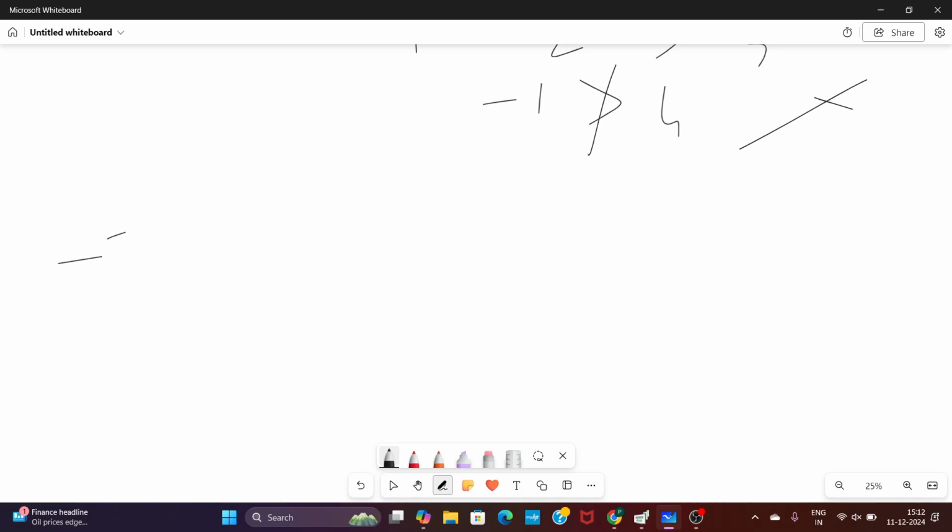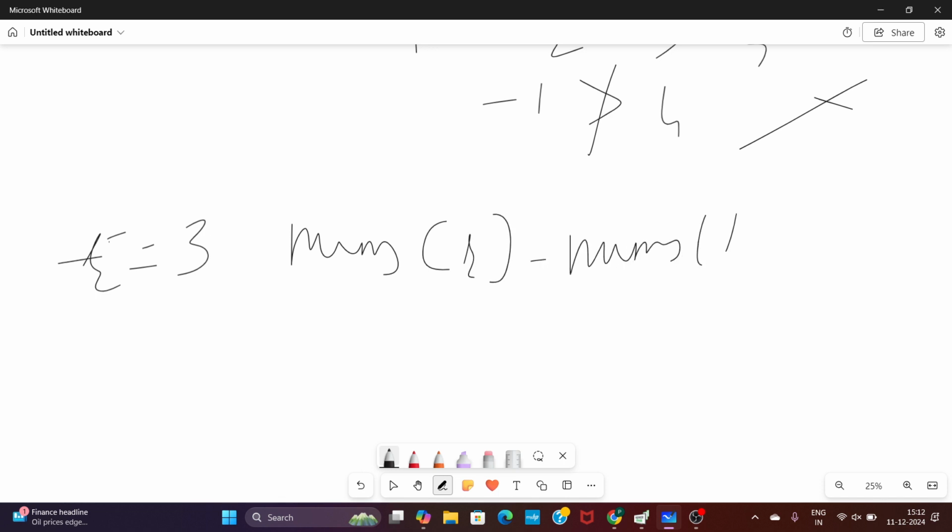Our R is equal to now 3, means the value is 6. We will again check nums of R minus nums of L. Is it greater than 2 into K?